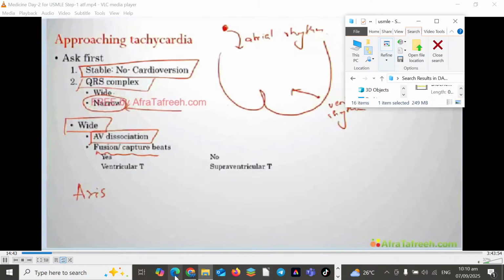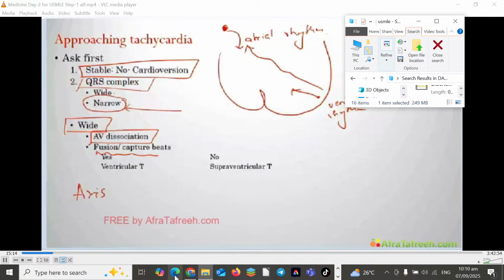The only reason why a rhythm predominates in the myocardium is because of its rate. Till the time the ventricular rate is more than the sinus rate, it will result in ruling that rhythm. So the ventricular rate should be above the sinus rate. So if this goes early here, only then can it overthrow the atrial rhythm.